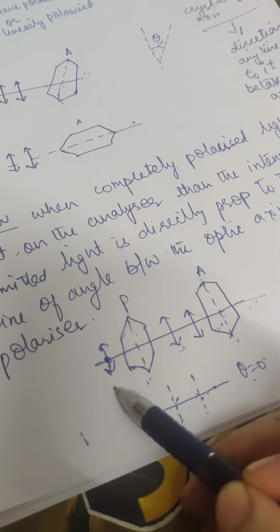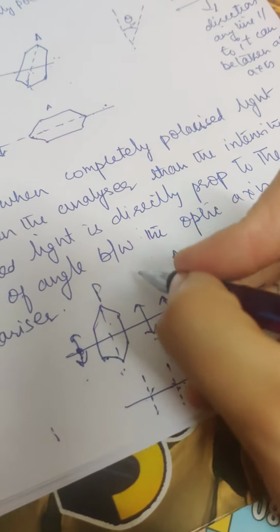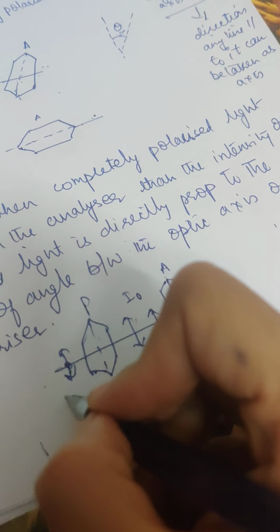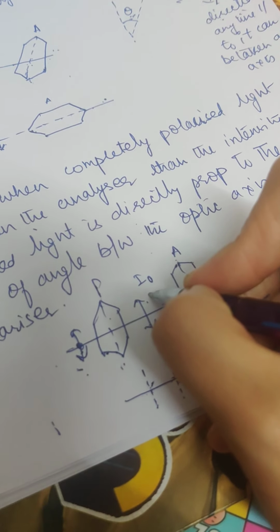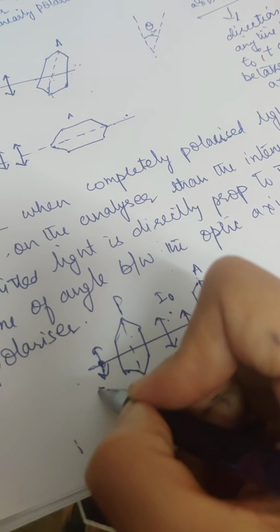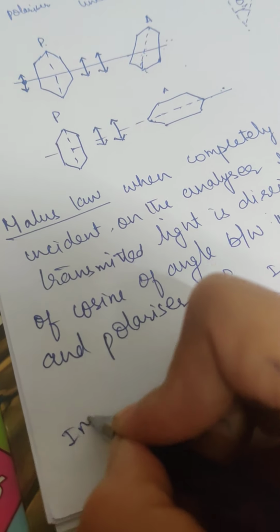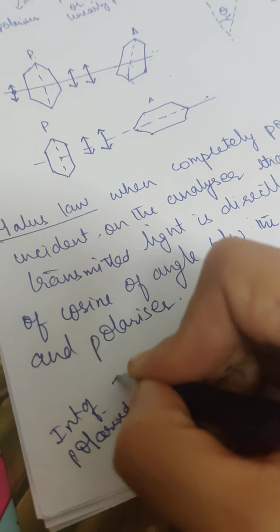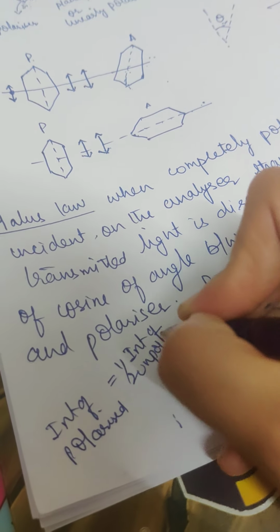If I represent the intensity of this polarized light by I naught, then the intensity of unpolarized light should be 2 I naught, because the intensity of polarized light is always half of the intensity of unpolarized light.